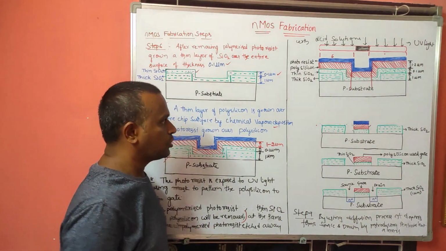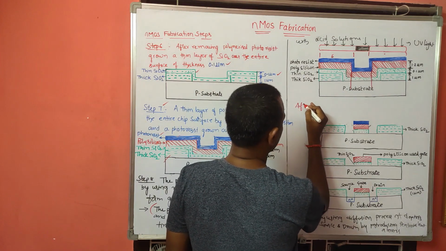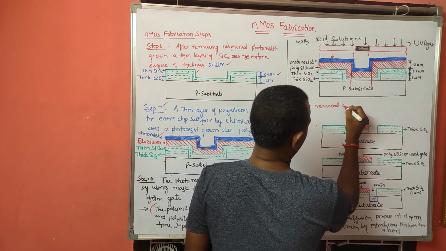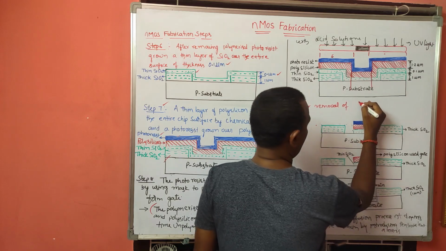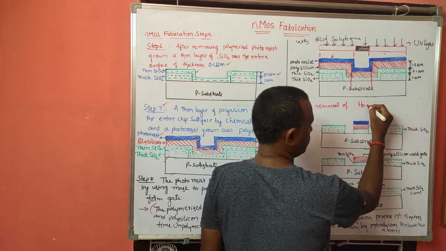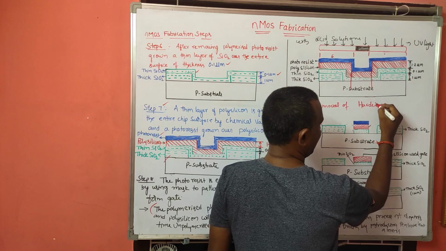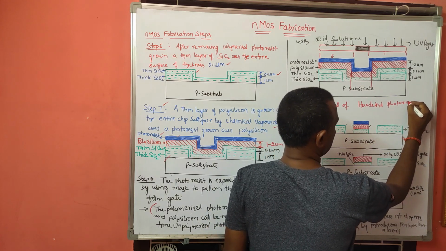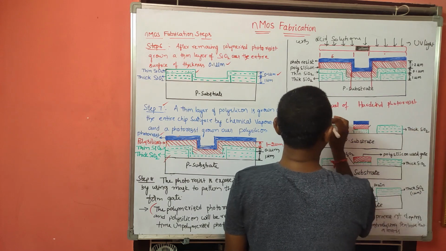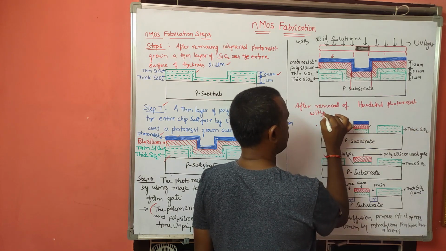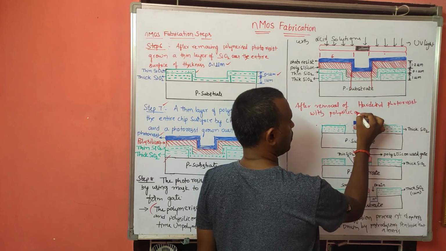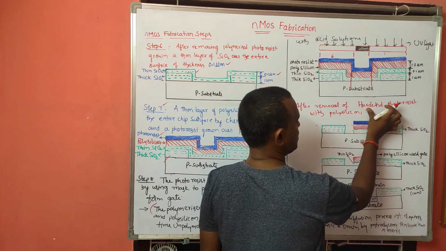So after removal of hardened photoresist with polysilicon and SiO2, that is thin SiO2.